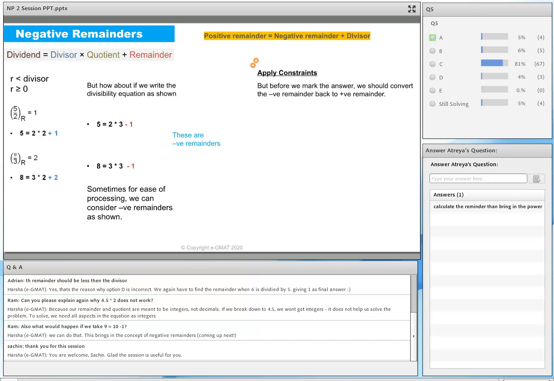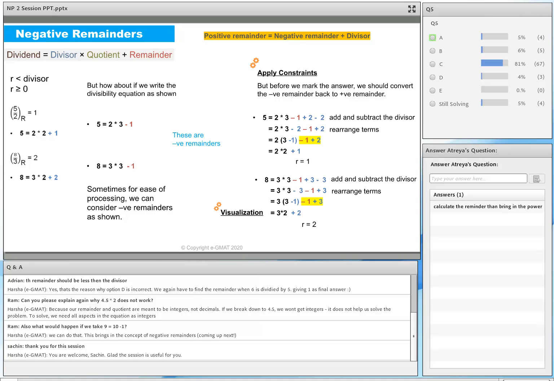So we have to keep this in mind. When we have a negative remainder, we need to turn that back to a positive remainder to get the final answer. How do I do that? By using the same thing: positive remainder is equal to negative remainder plus divisor. You have the negative remainder, you know the divisor, just simply add them up. That is the answer for that question, right? So please keep that in mind.